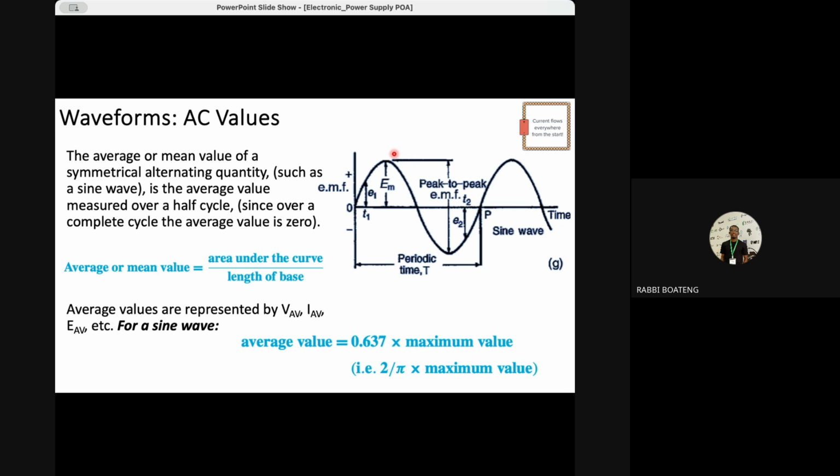So we can actually find something that we call the average value. And here, in a normal way of math calculation, we are just talking about the area under the curve and the base of that particular curve. So we want to look at all the areas down here.